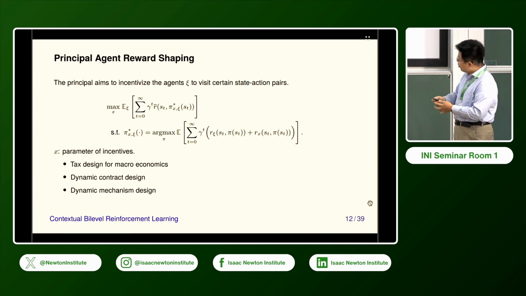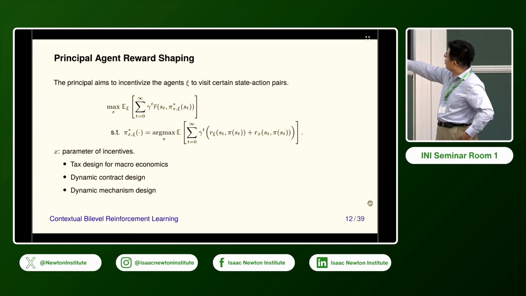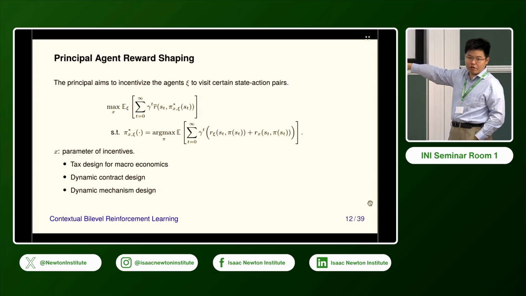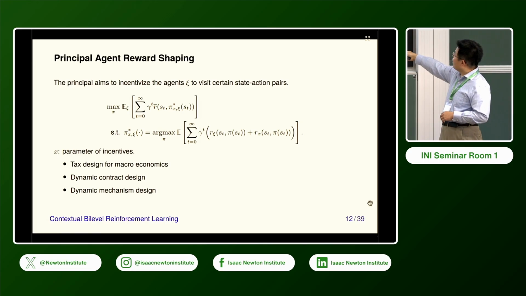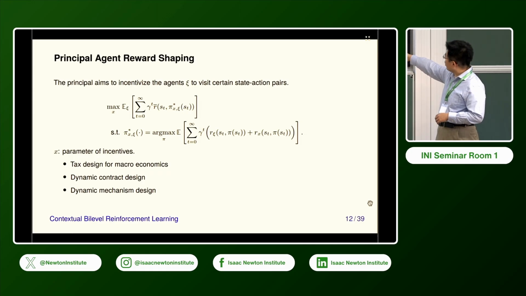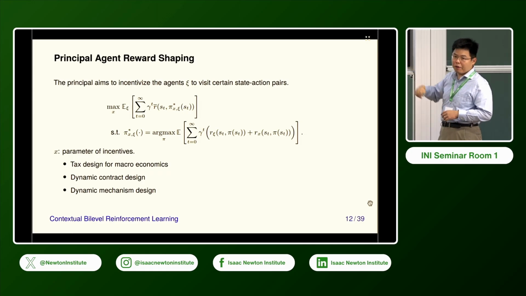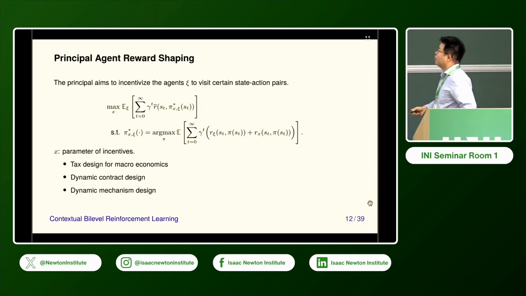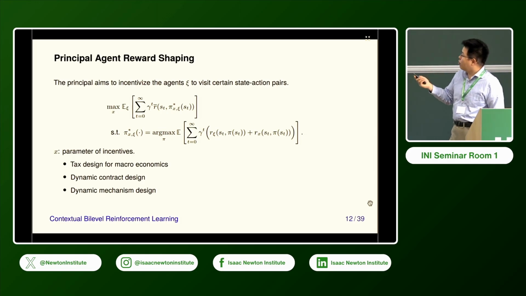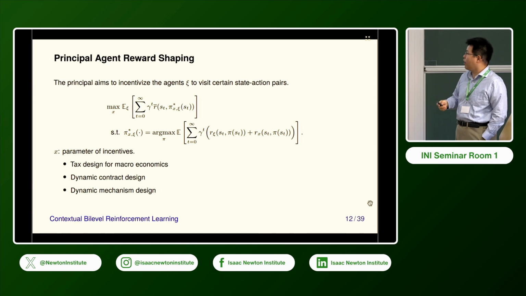But of course, let's say you have multiple agents and this CASI is just discrete, meaning that each agent could have his own intrinsic rewards, meaning the reward he would receive for himself. And then you want to incentivize them, right? So you have this reward here, and this reward is designed by the leader. And this can be formulated as a principal agent problem. It's also quite relevant to, as I said, contract design, tax design, mechanism design type of problems.